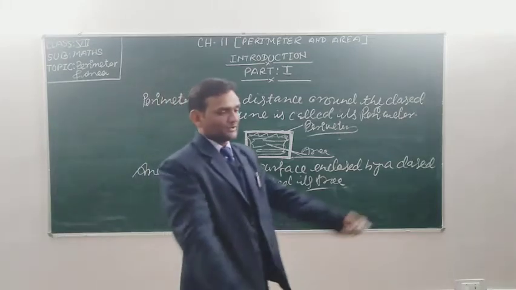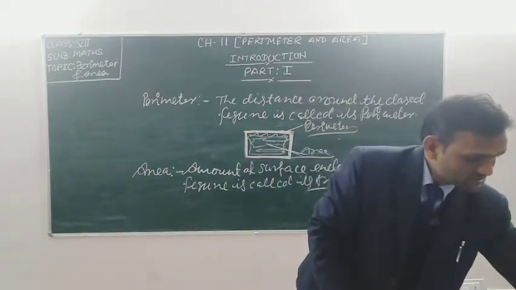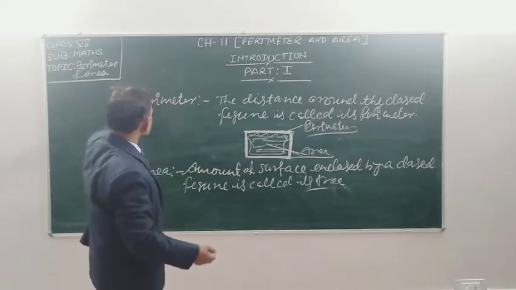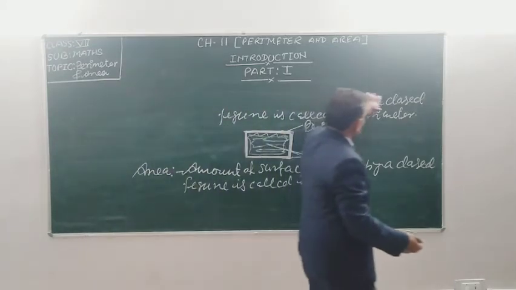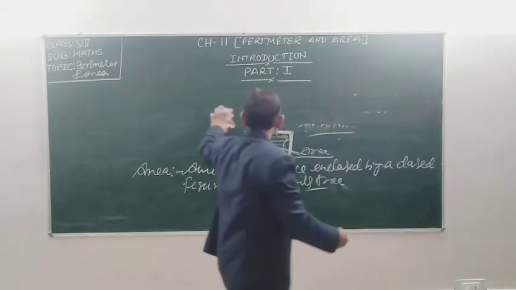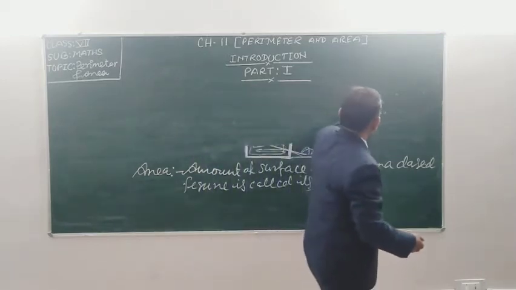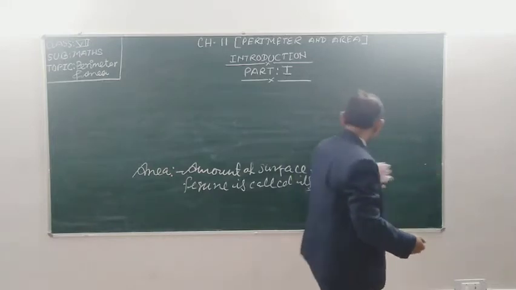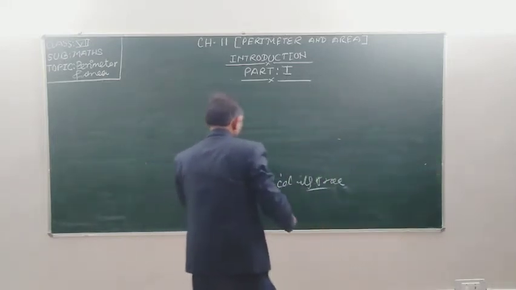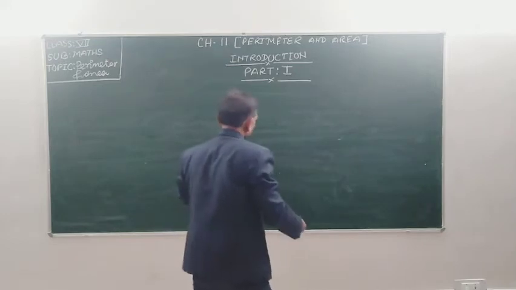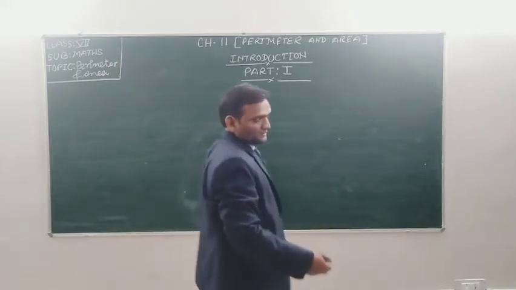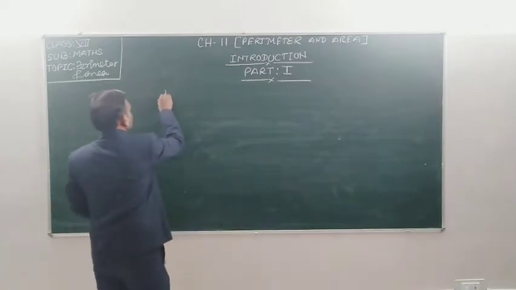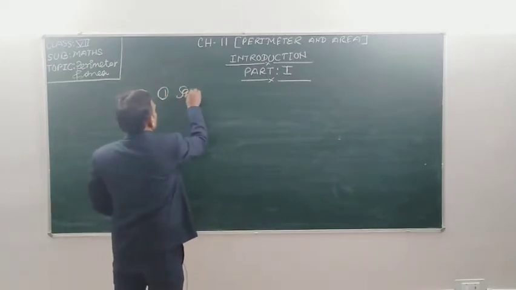Now I am taking some figures and we will find the perimeter and area. The first figure, student, I am taking is the square. Everybody is familiar with the square and its properties, and you have already found the perimeter and area in an earlier chapter.